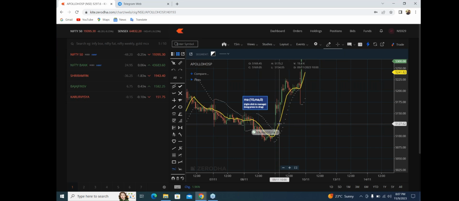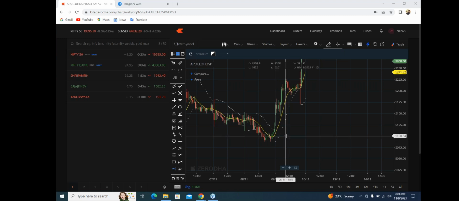If you see the dots available at the bottom of the candle, then what should be the trend in the market? I want everybody to reply. If you have dots at the bottom of the candles, very good, bullish. And if you have dots on top of the candle, what should be the trend?